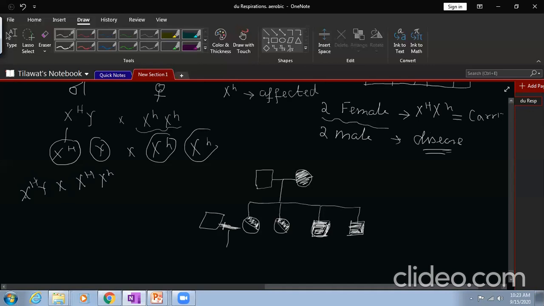So what should be the offspring? XH XH, right? You can also draw a table. This X with that, this Y with this XH, and this Y with this X small h.